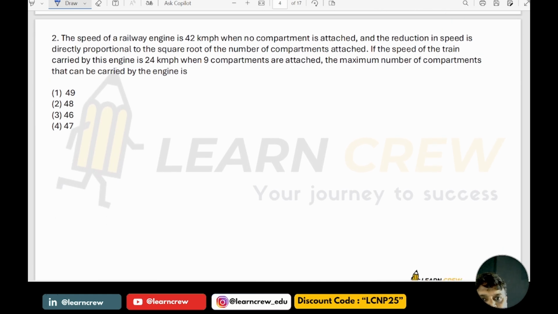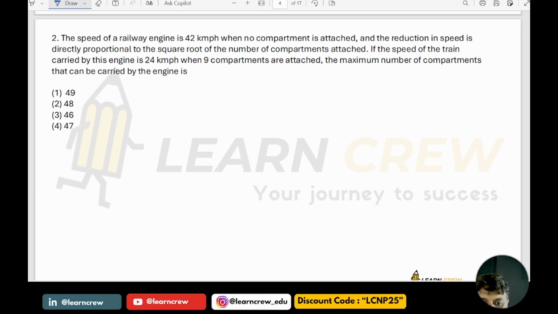The speed of the railway engine is 42 km per hour when no compartment is attached. And the reduction in speed is directly proportional to the square root of the number of compartments attached.